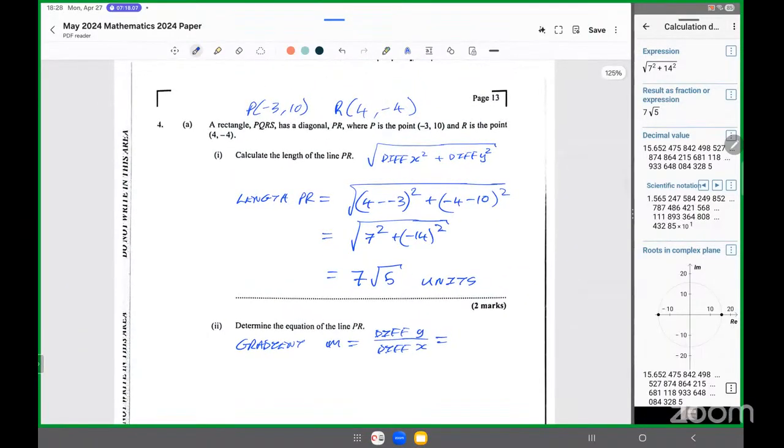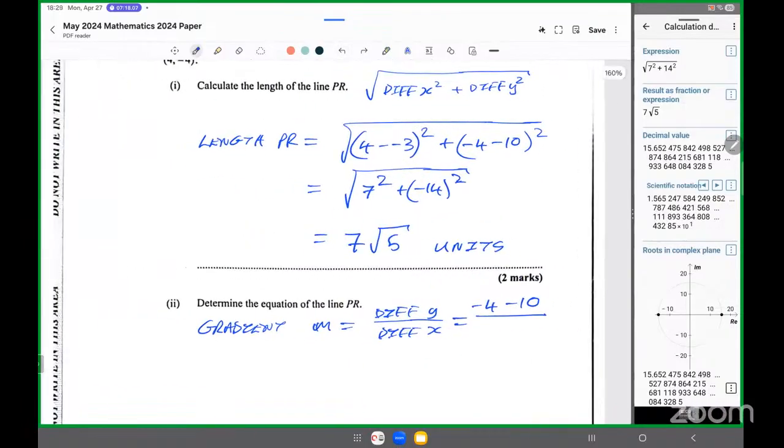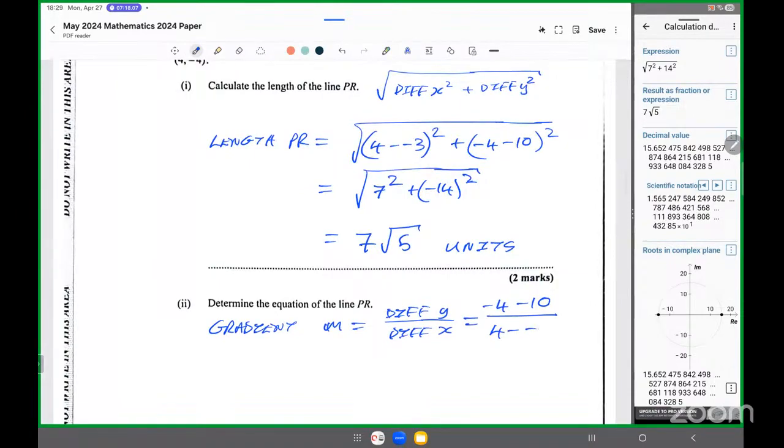So remember, the direction you go when you're subtracting the y values, you must go the same direction when you're subtracting the x values. So let's say we're using this y value minus this y value. That's negative 4 minus 10, divided by, I have to use now this x value minus this x value. That's 4 minus a negative 3.